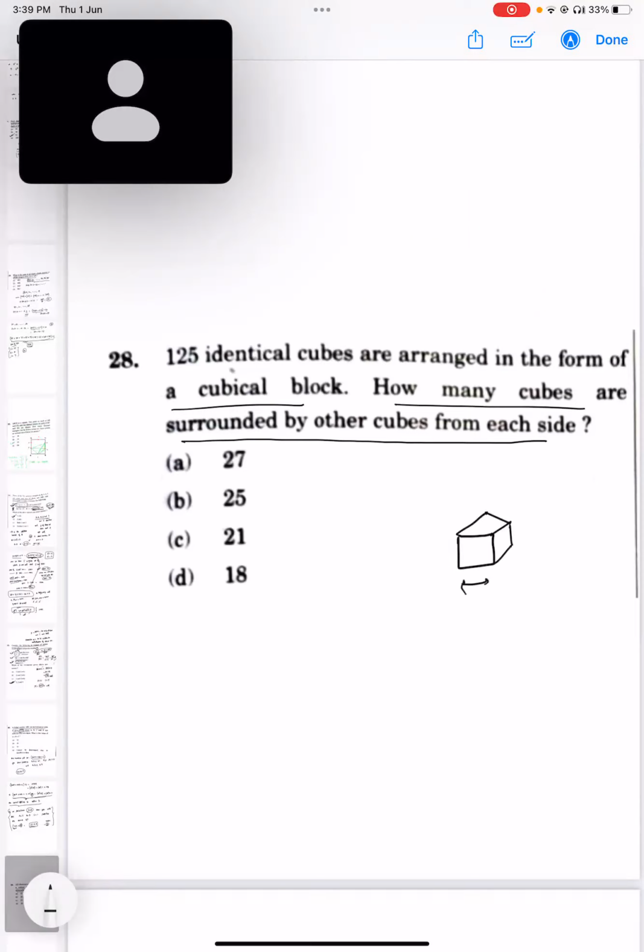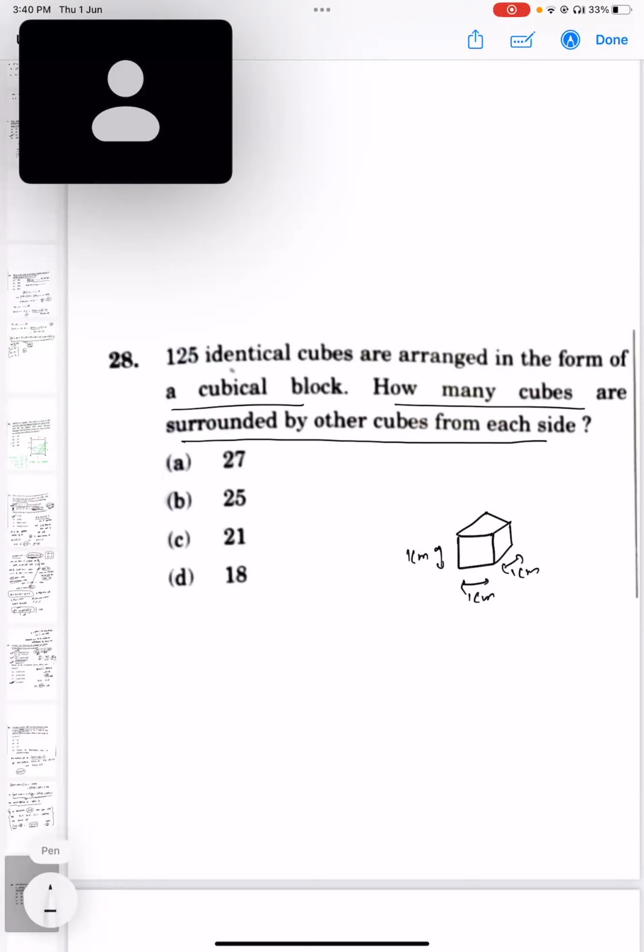This side is 1 centimeter, 1 centimeter, and 1 centimeter. And these are arranged in a manner that the result is also a cubical box. When the resultant is a cubic box, then the length, breadth, and height of the new cubical box should also be the same.